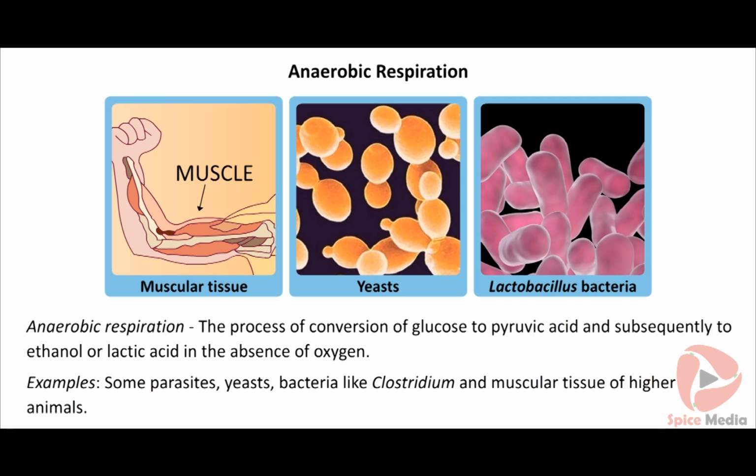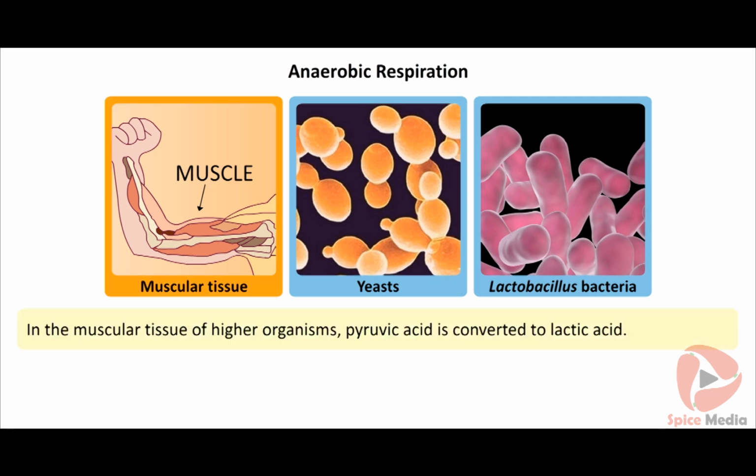Anaerobic respiration is commonly found in some parasites, yeast, bacteria like Clostridium, and muscular tissue of higher animals. Click on the images for relevant text and audio. In the muscular tissue of higher organisms, pyruvic acid is converted to lactic acid.